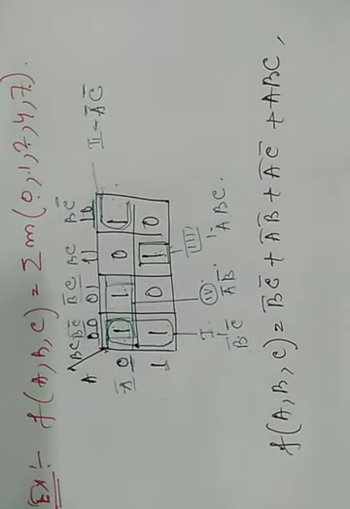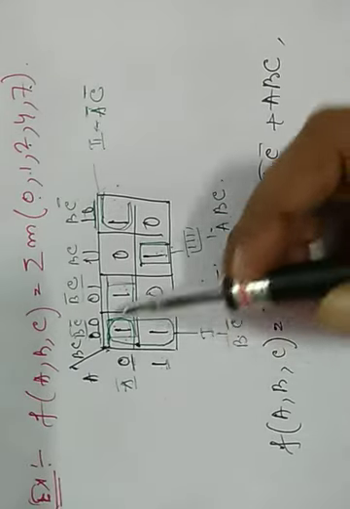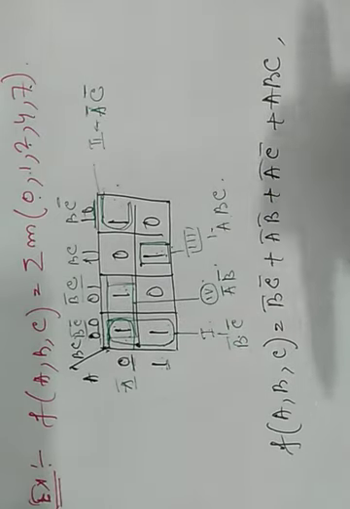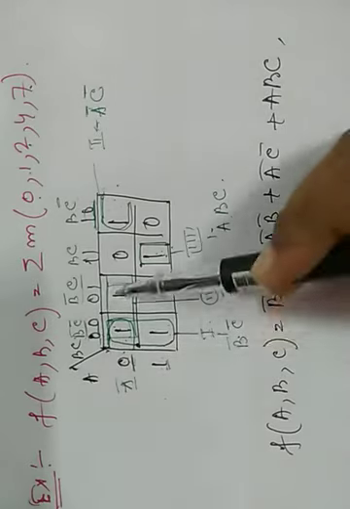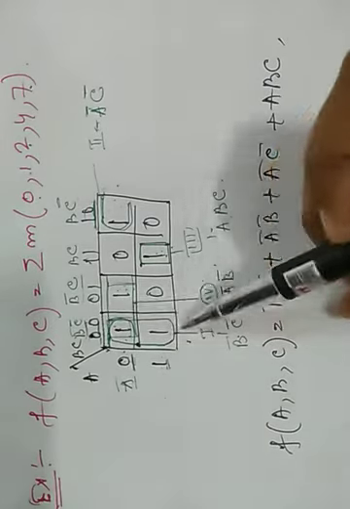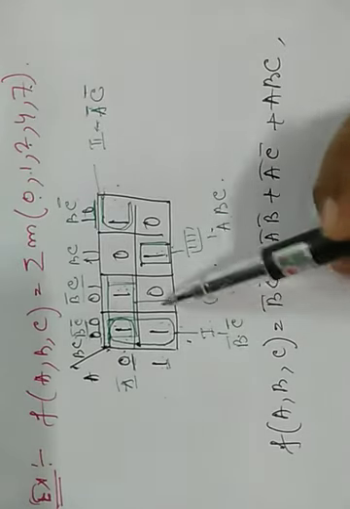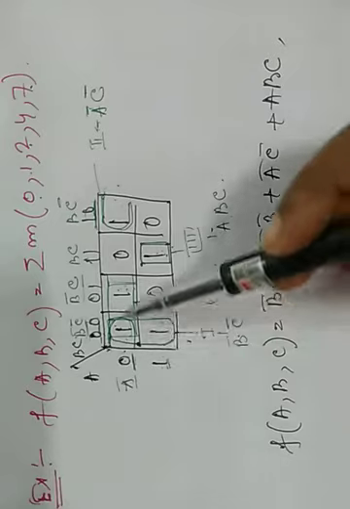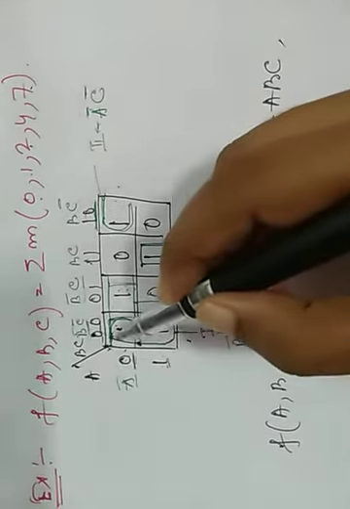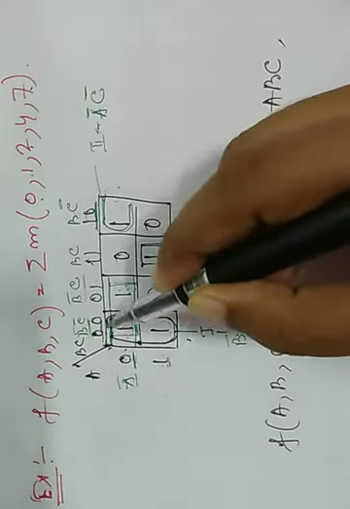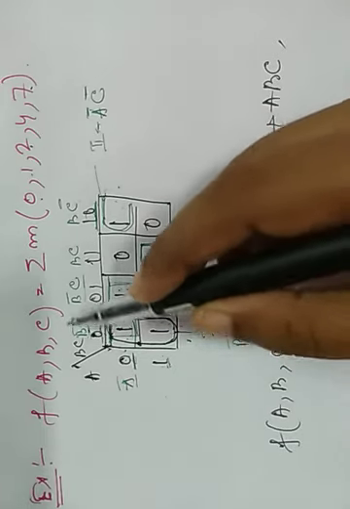Just combine all the ones, and for any row value and column value within the circle, we have to take only the value which is common. If there is a single row or single column, we have to take both the value. But if there are two columns or two rows in consideration, then we have to take the common value between the two rows and two columns. You can see that in this circle the column is a single column, so B bar C bar should be taken into consideration.